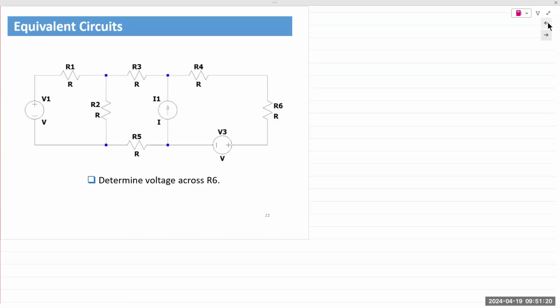So what do you do? What techniques come to mind if you wish to find VR6? So yeah, certainly node voltage analysis, mesh current analysis, or superposition. Any technique, right? Any technique.